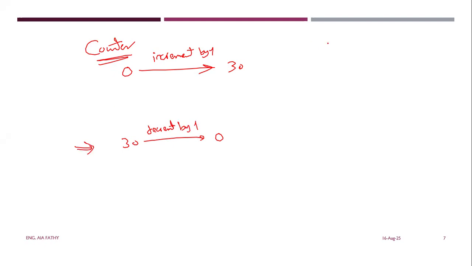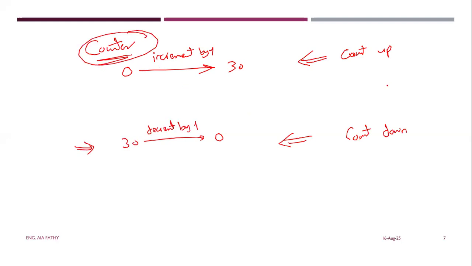So this we call count up, and this we call count down. And of course, if you use the counter for an index in your array, you have to start with 0, and don't forget, if you use a while or repeat loop, you have to use a counter inside it to avoid an infinite loop.